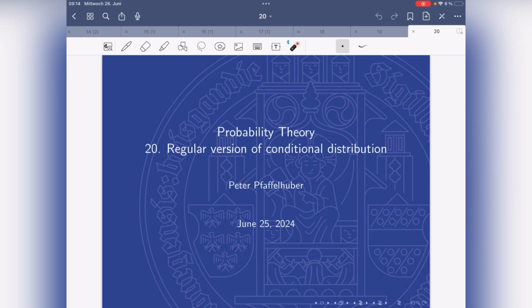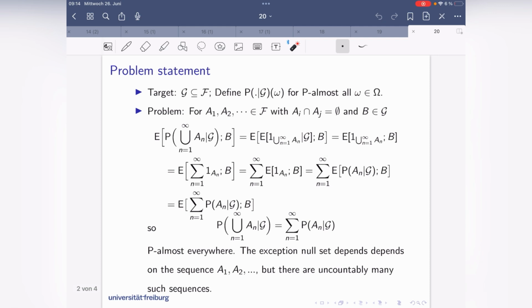So, the regular version of the conditional distribution. The most important thing is that you understand that there is a problem. And that's the following. We introduced the conditional probability like this here. We would now like to have that I can plug in sets at the first place here, which are then conditioned on G, and that's a random variable which depends on omega.